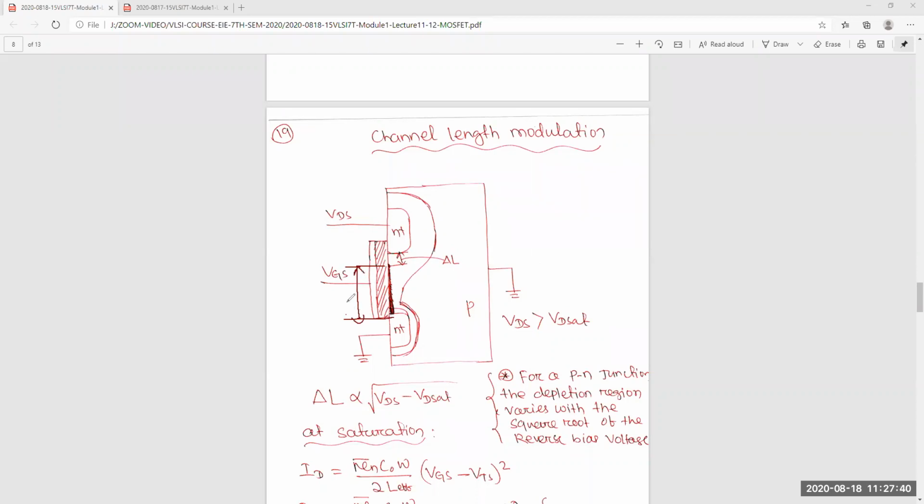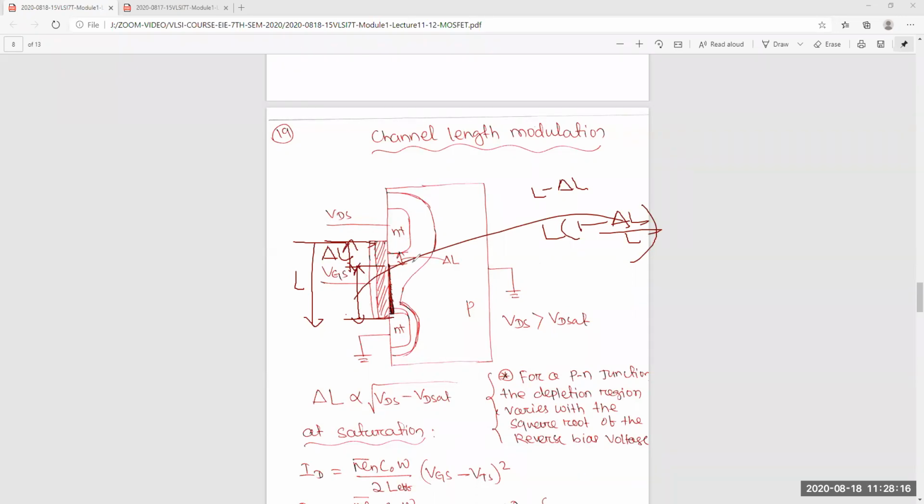So this is your effective channel, and this is your total L, the total initial channel length. Now suppose this is your delta L. When delta L reduces, the effective channel will be L minus delta L. If you take L common, it is L times 1 minus delta L by L. So this is your effective channel.